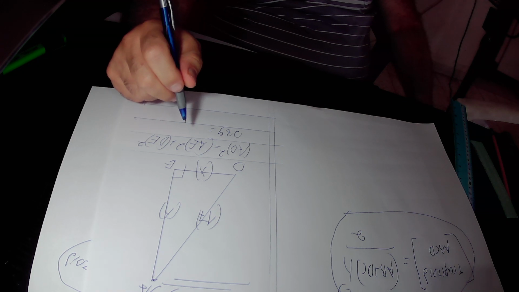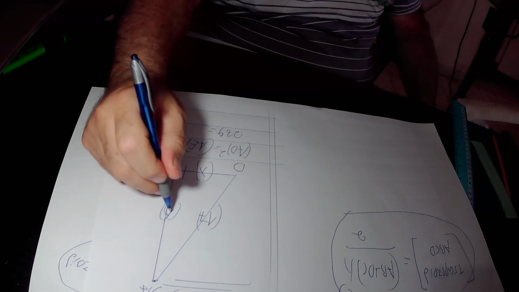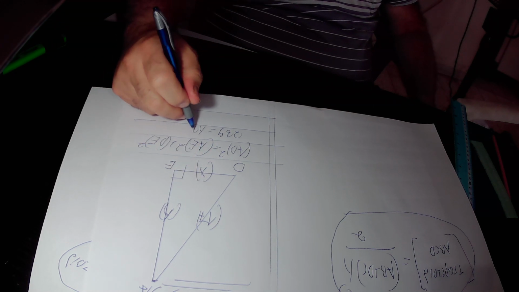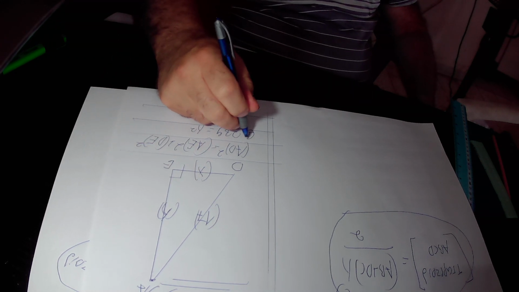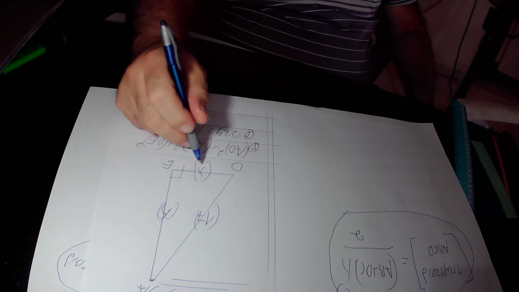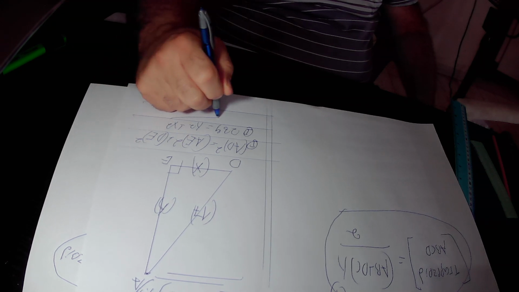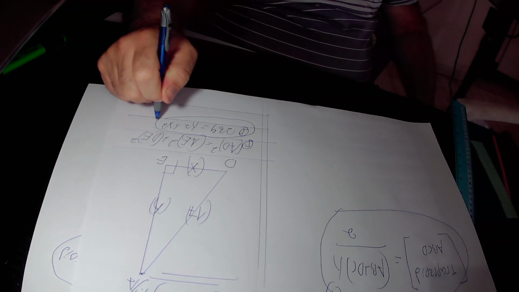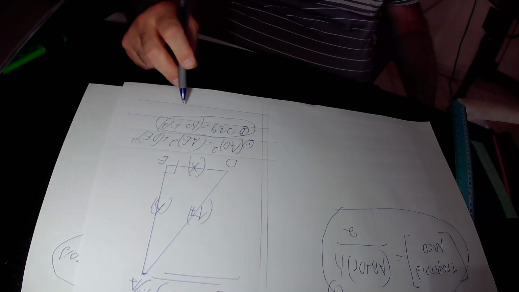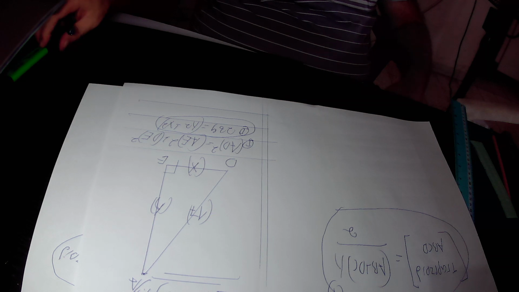AE is H, therefore AE squared is H squared, plus DE squared. DE is X, therefore DE squared is X squared. So we found that, according to equation 1, H squared plus X squared equals 289.